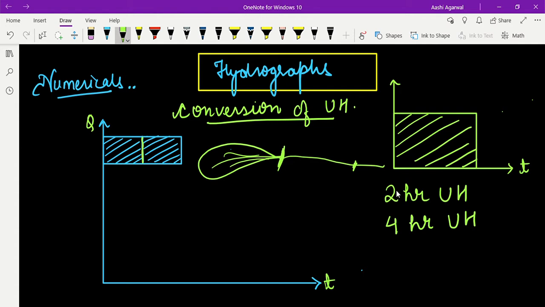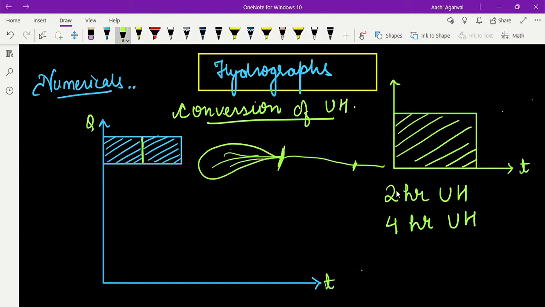So you have to generate the unit hydrographs of different durations. Once you have the unit hydrograph, you can always derive a DRH out of it, and you can always derive a FRH out of it.